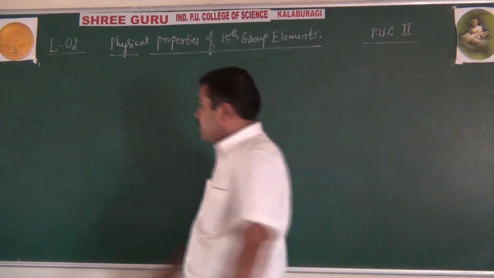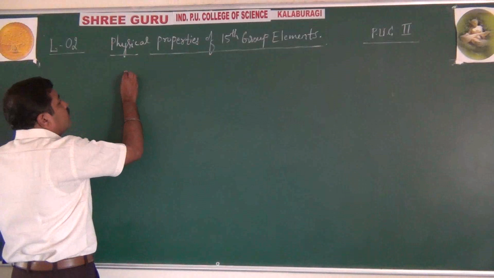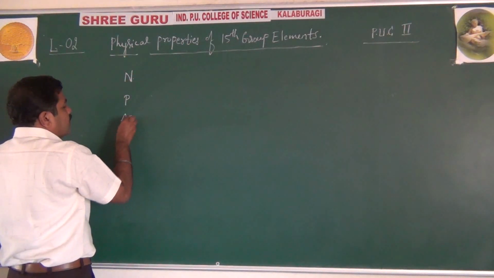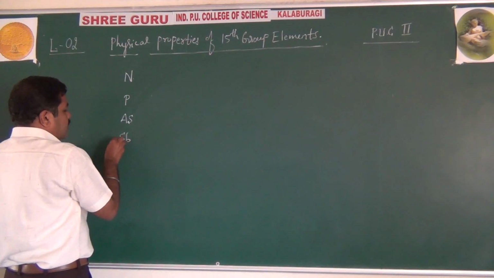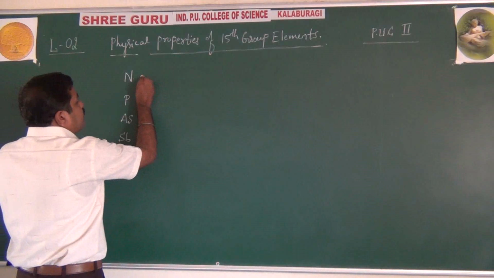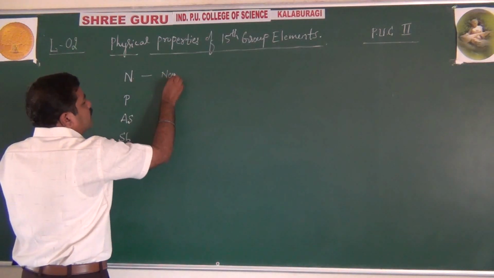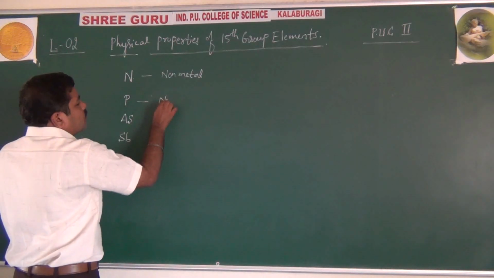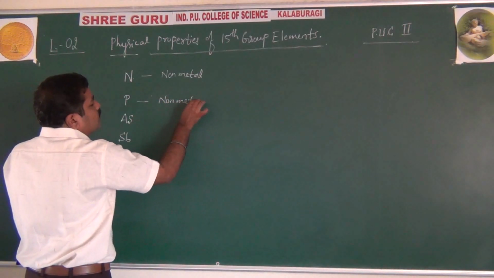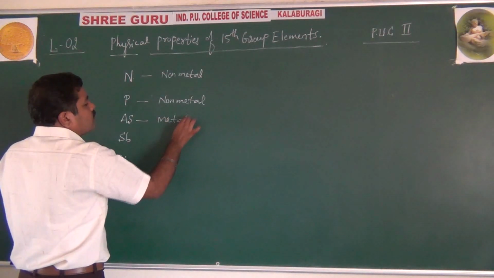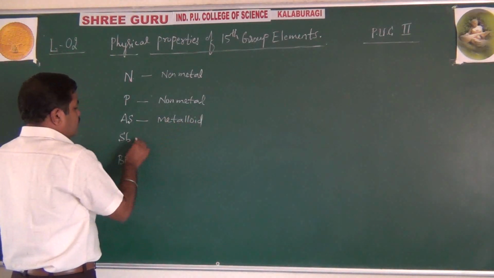I will repeat, as you already know: nitrogen, phosphorus, arsenic, antimony and bismuth. Nitrogen is a non-metal. Remember. Phosphorus is also a non-metal. Arsenic is a metalloid.